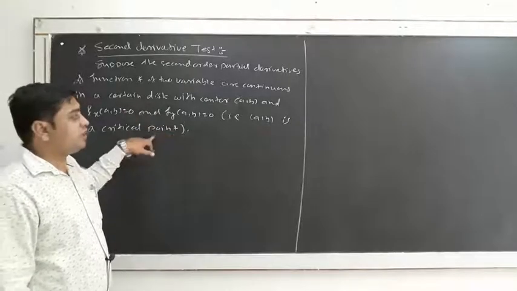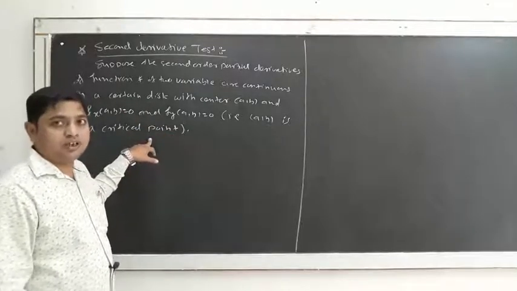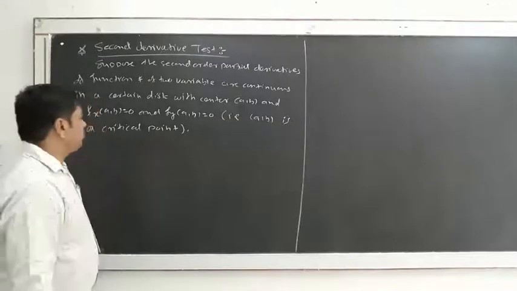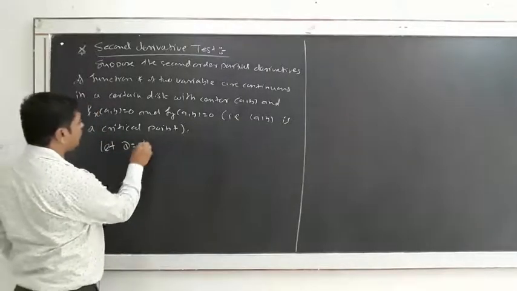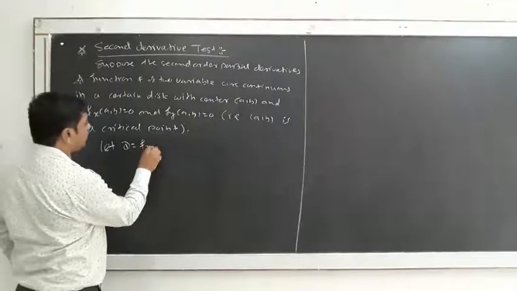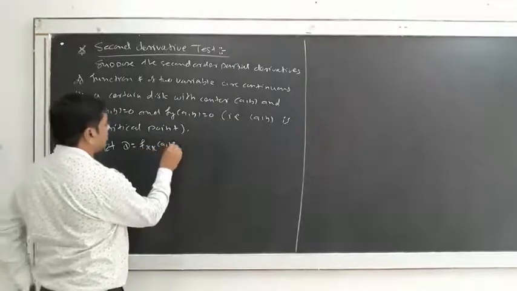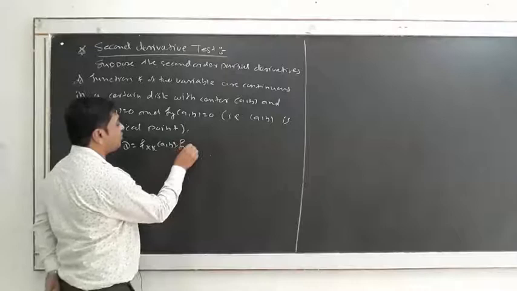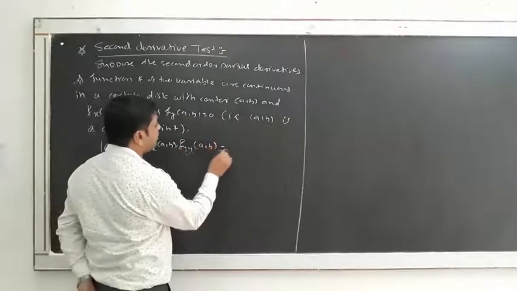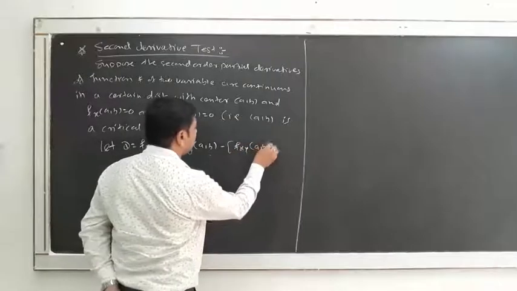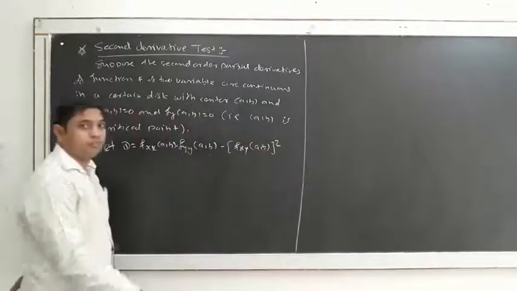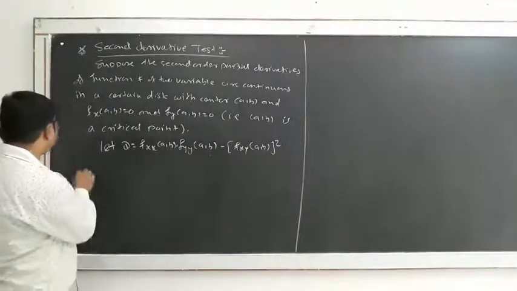What does it mean? This point is a critical point. Then D is equal to fxx(a, b) into fyy(a, b) minus [fxy(a, b)] square.